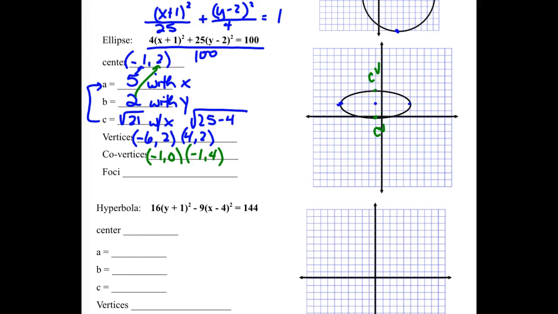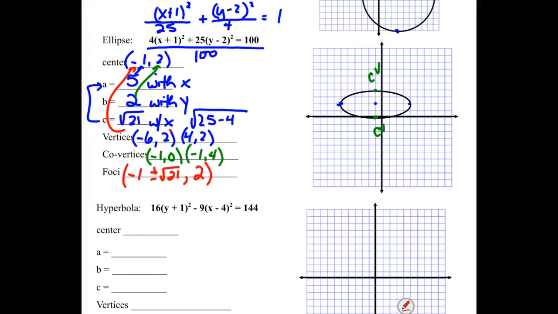The other thing that we're asked to find for an ellipse is the foci. We are using the square root of 21. We're pairing it with X. So we're going to add and subtract the square root of 21 to our X coordinate. So we have -1 plus or minus the square root of 21. And the Y coordinate for our center was 2.